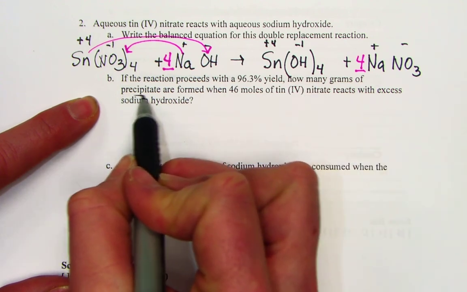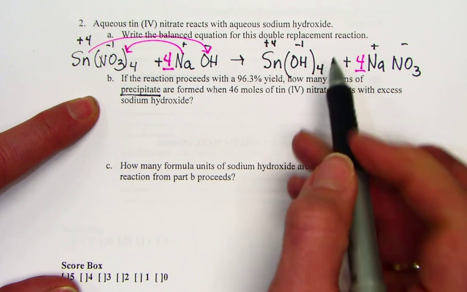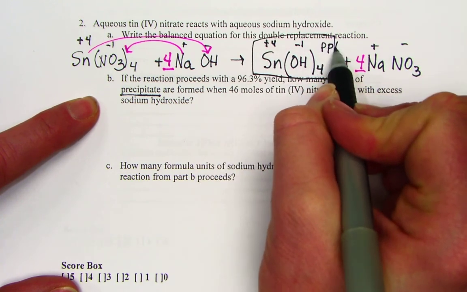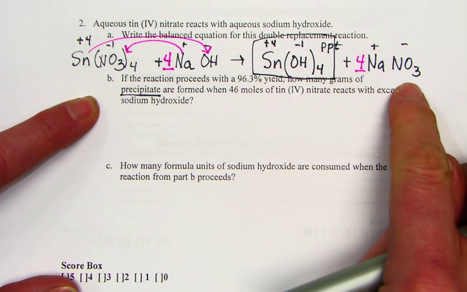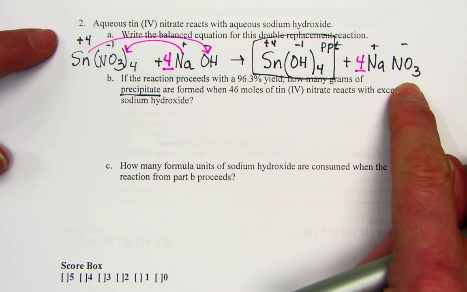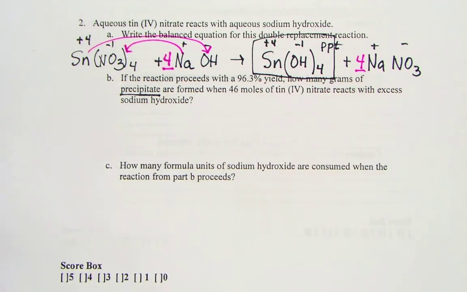And the precipitate, out of our two choices, we need to determine the target product. Tin 4 hydroxide is our precipitate, knowing that sodium nitrate would remain soluble. And the tool that we use there is the solubility table. Sodium nitrate is soluble, tin 4 hydroxide is a precipitate.